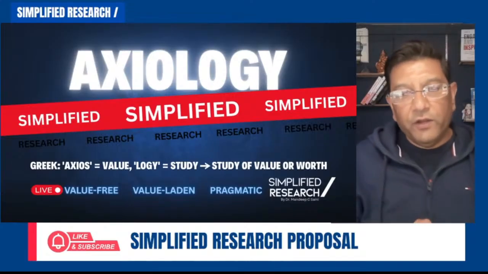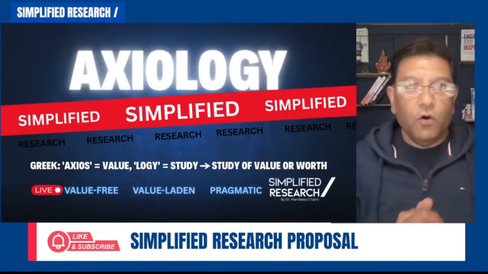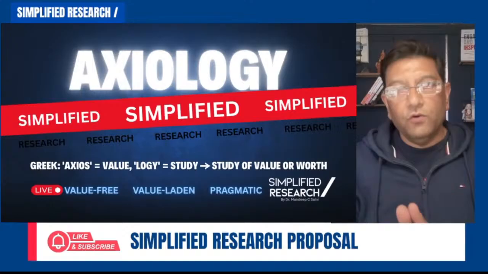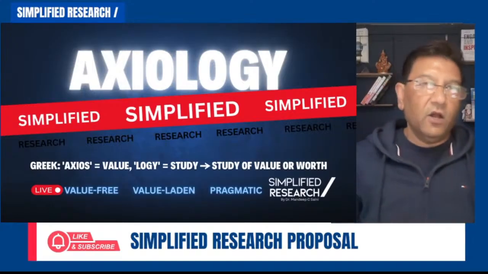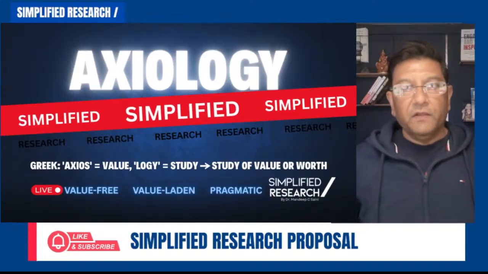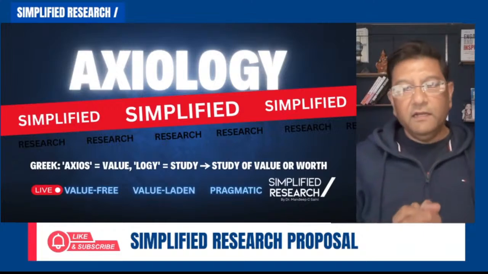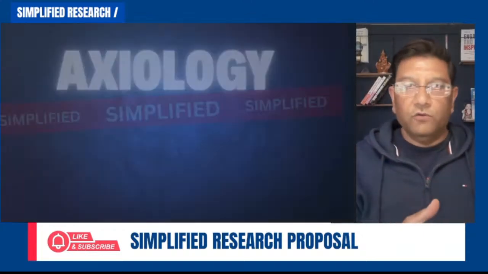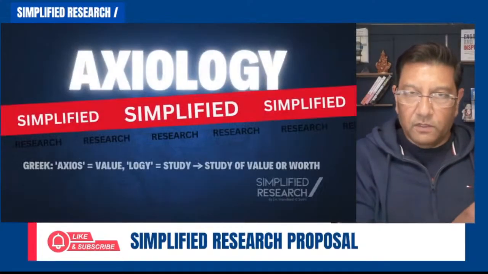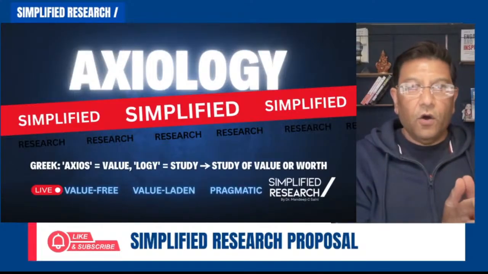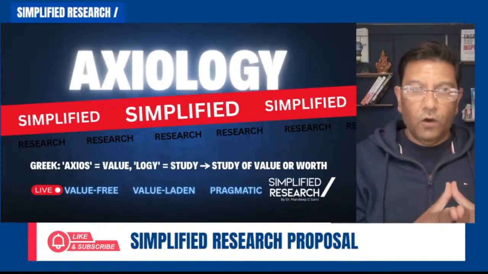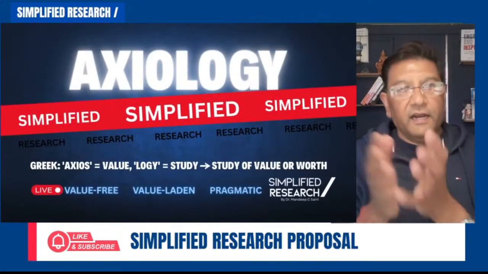In the other setting, when you are working on a literature review or systematic literature review, then it is possible that the outcome of your literature review is biased based on your understanding and knowledge. So most likely it is going to be value laden. Now, pragmatism is a combination of both of them, same like the combination of objectivism and subjectivism in your epistemology, and the combination of realism and relativism as well.